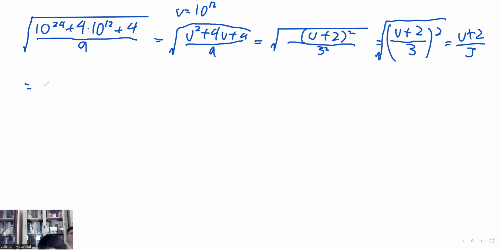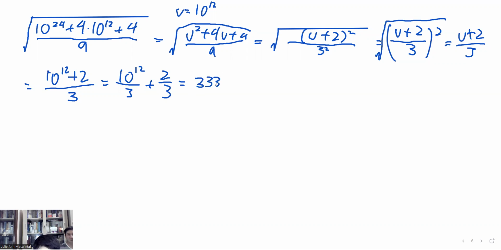Then it equals 10 to the 12 plus 2 over 3. And then separate them. 10 to the 12 over 3 is almost like 10 divided by 3. You just move it 12 times.